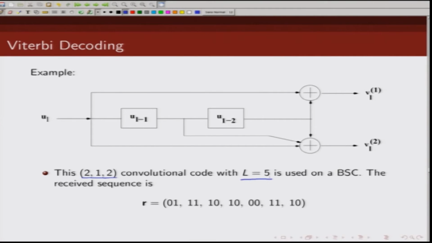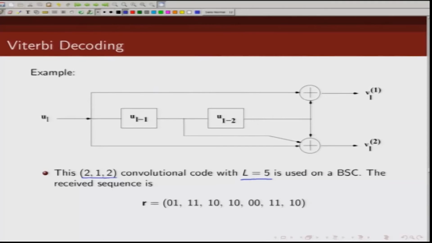We are given that the number of information bits was 5. Since its memory is 2, we require 2 bits to bring it back to the all 0 state. So, in total we are transmitting 5 information bits plus 2 tail bits, so 7 bits, and since it is a rate 1/2 code, 7 bits will result in 14 coded bits.